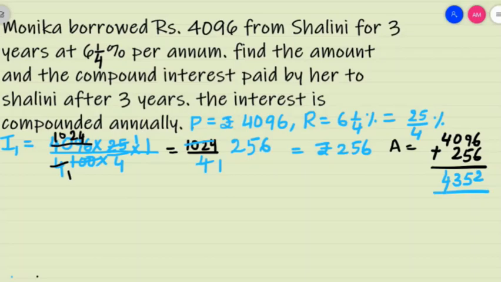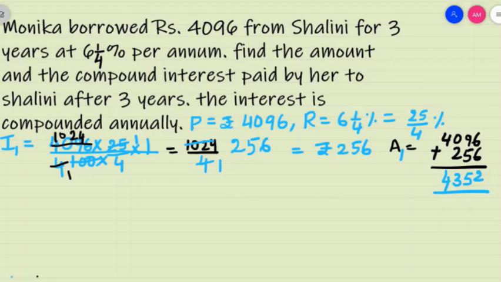So 4352 is the amount he will be getting after the first year, and this will be acting as the principal in the second year, because Monica has to give 4352 to Shalini after the first year, but if she is keeping it for the second year also, then the principal amount will be 4352.